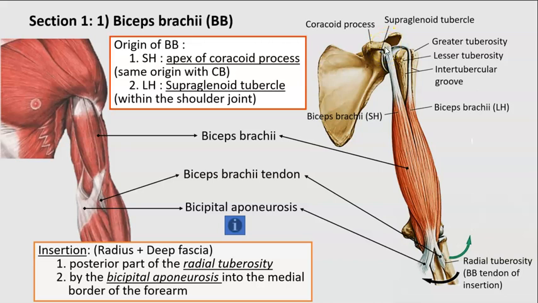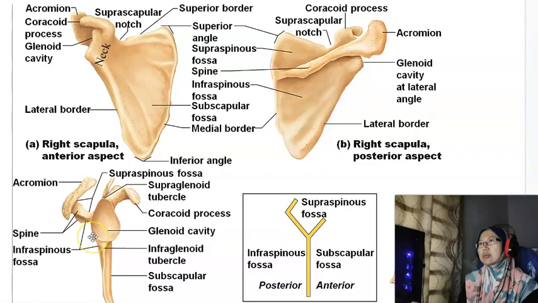And then the long head, long head dia punya origin dia dekat supraglenoid tubercle. If you remember from our first lecture, osteology of upper limb, here the supraglenoid tubercle. This is the glenoid cavity dekat atas ni.